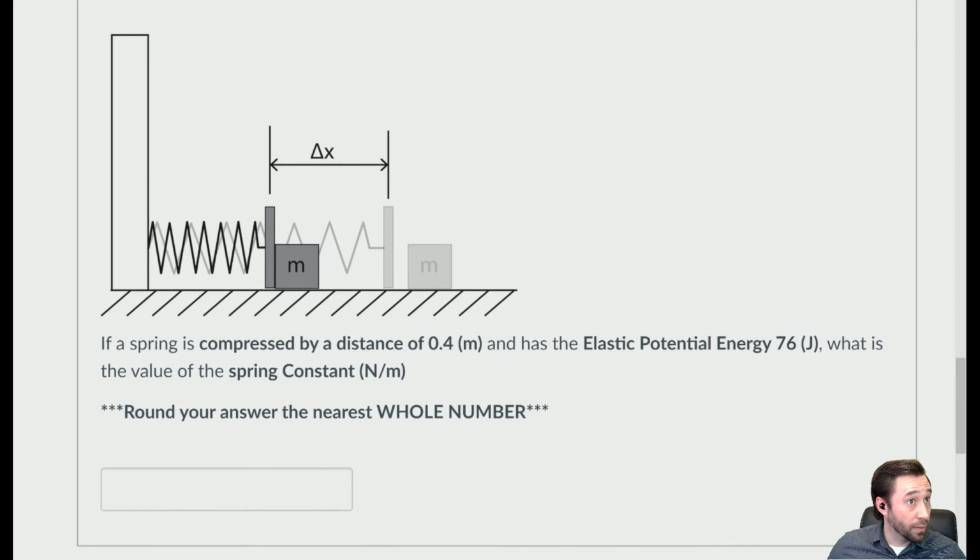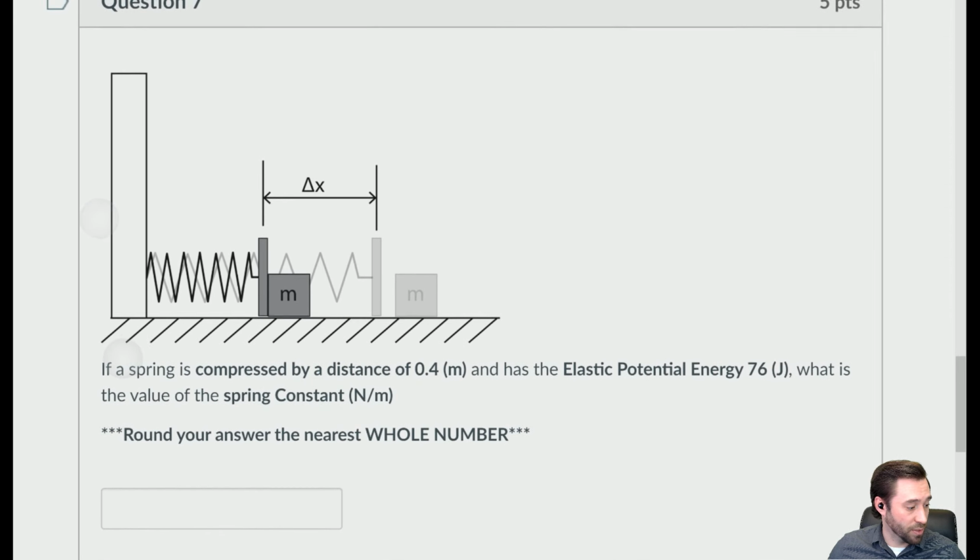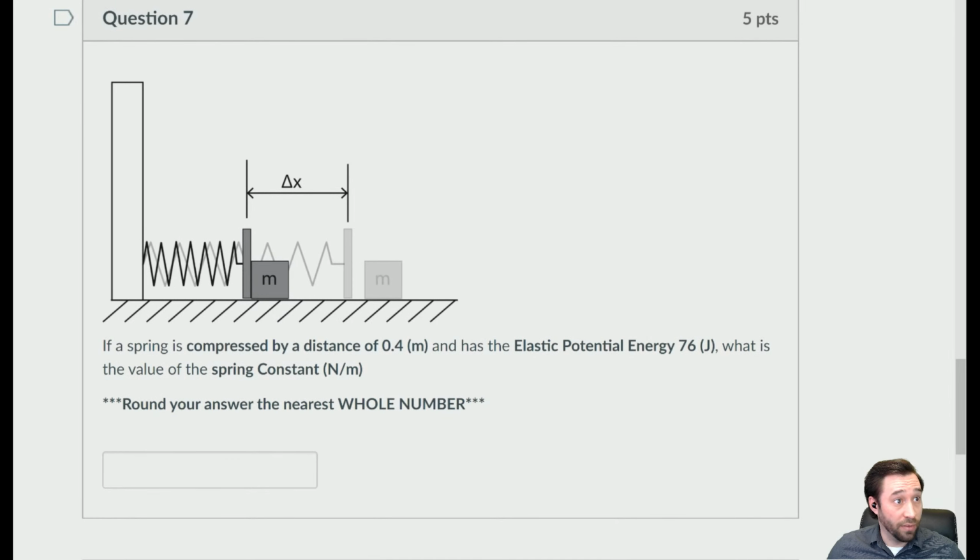All right. So in this question, and in my version of the quiz, this is question number 7. So I have a spring that has been compressed by a distance of 0.4 meters.